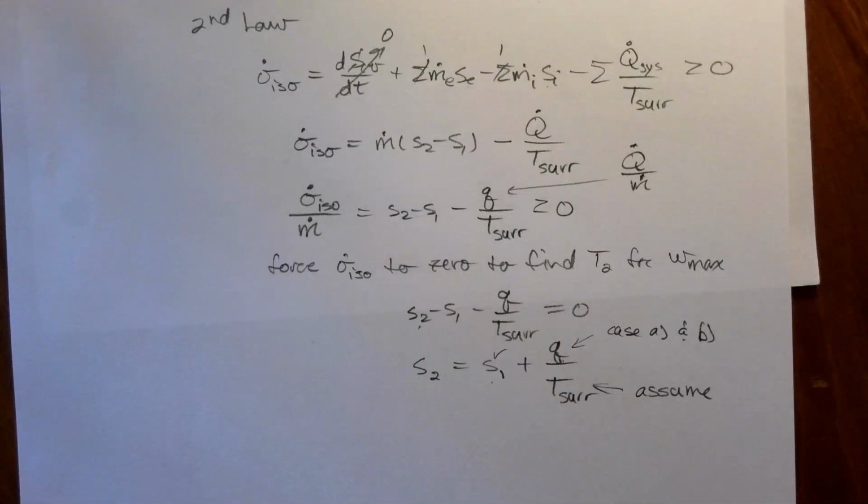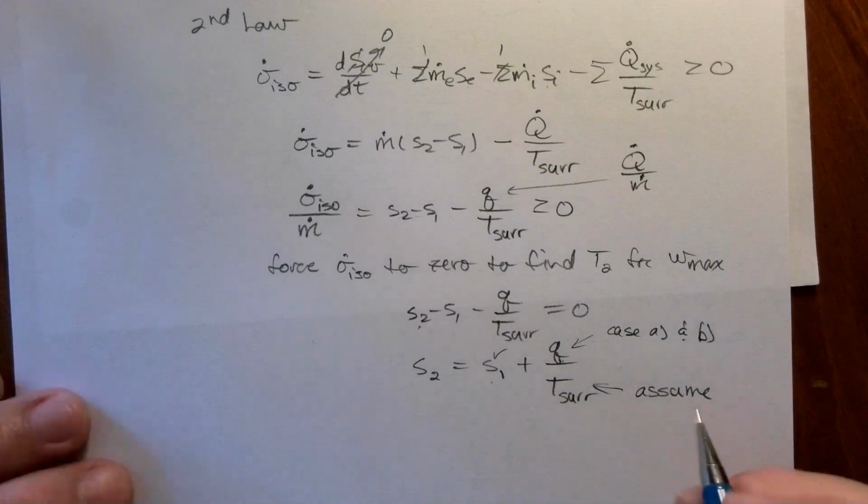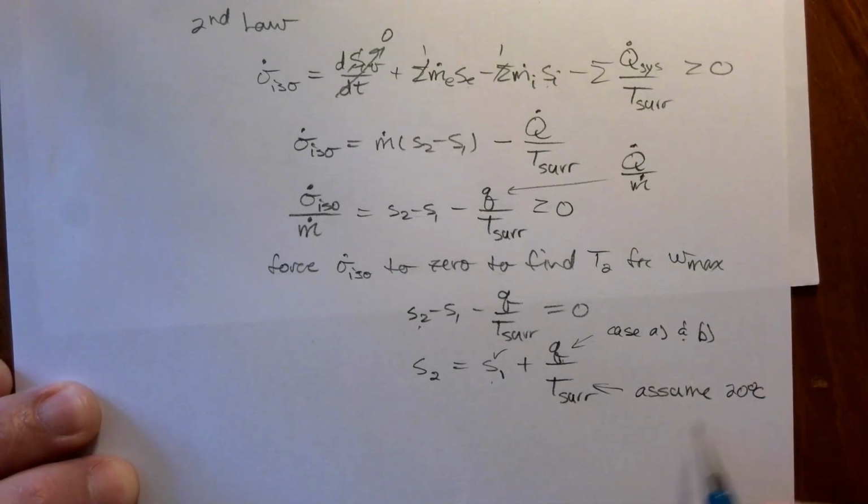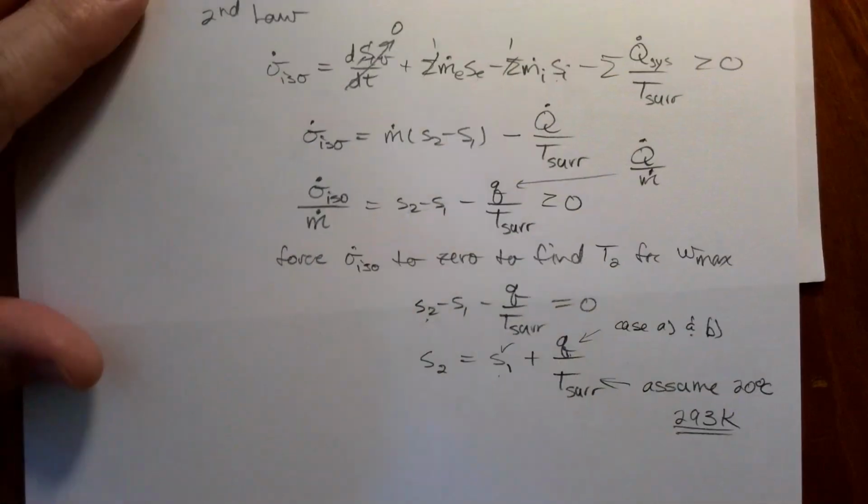For the temperature of the surroundings, I used 293 K. So what is that? 20 degrees C, 293 K. So that's our assumption.